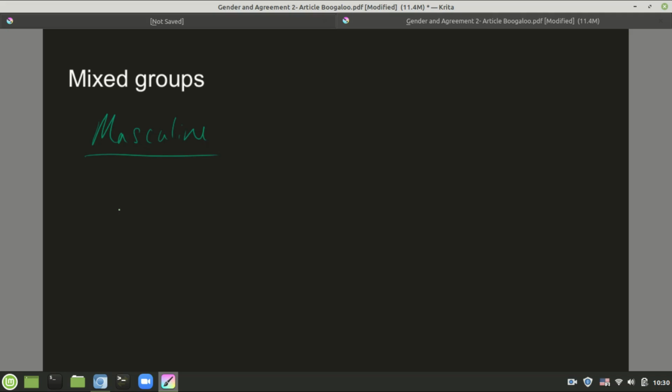When we go with those mixed groups, we're going to say los estudiantes aprenden. Alright, and that's going to be the students learn. And we would have to gather from context whether that was all male or a mixed group.